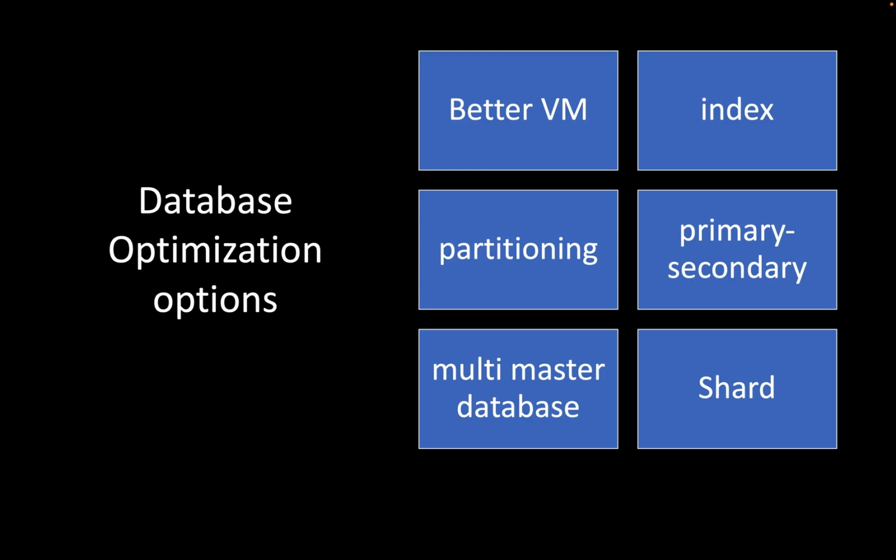And well, if all these options of having a better VM, creating more and more indexes, partitioning, primary-secondary, or multi-master databases do not work, then you are welcome to use sharding. And then you are welcome to the world of sharding. It will open a lot of avenues for you because now you will no longer be limited to one single machine.